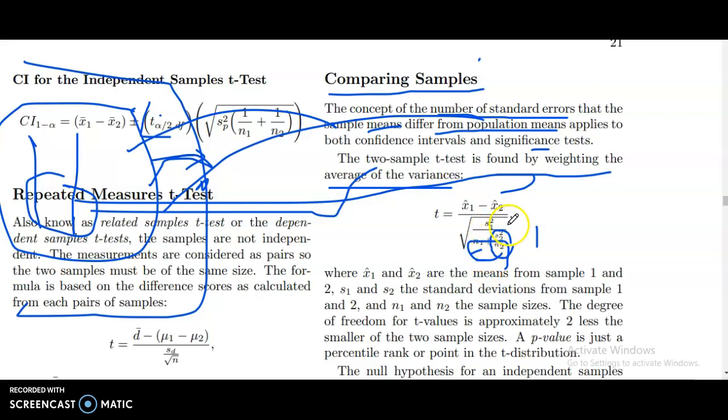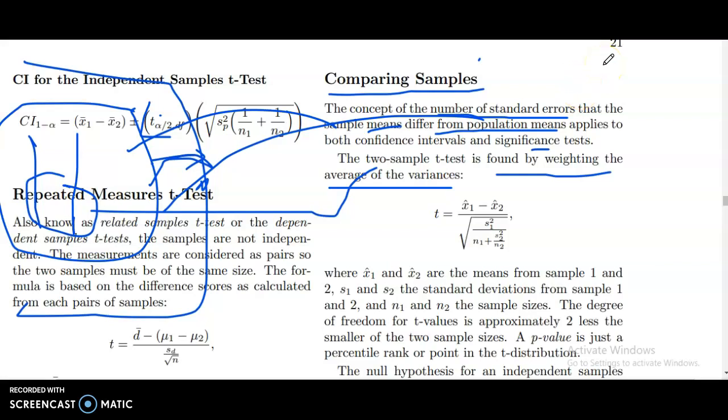S1 is commonly there, S2 only with n2, then added with n1. This is the two sample t-test.